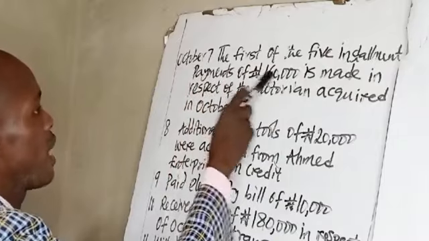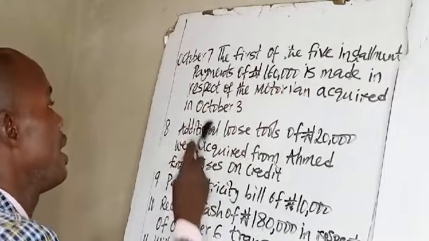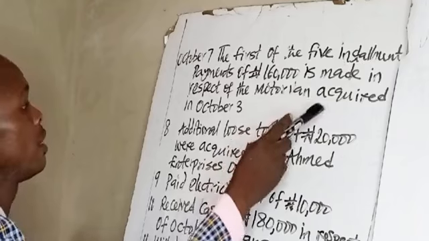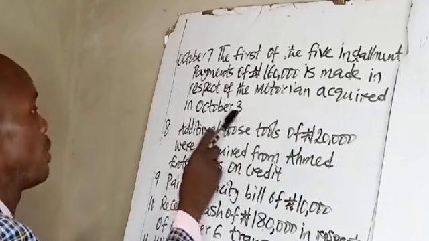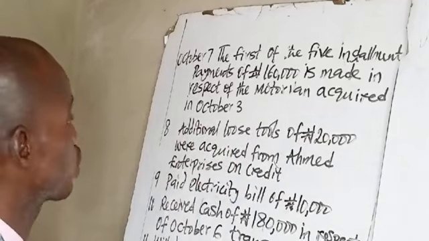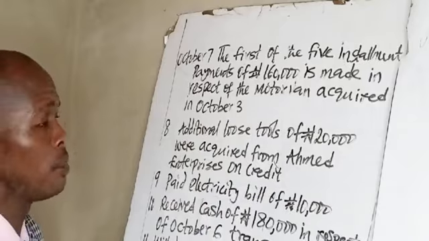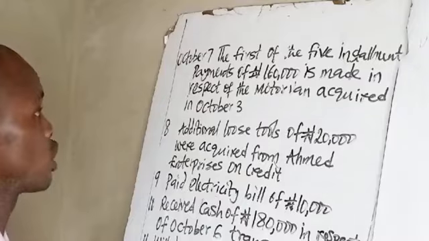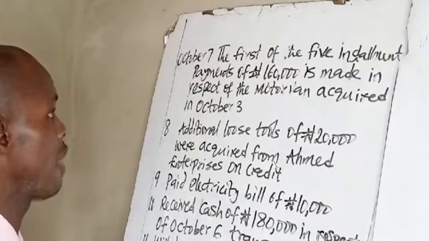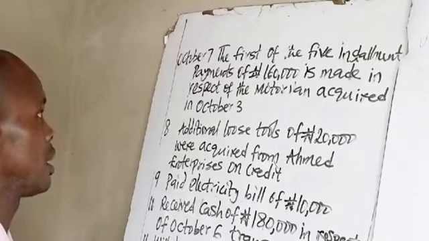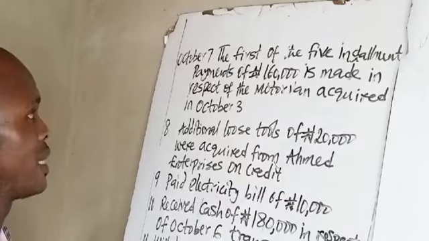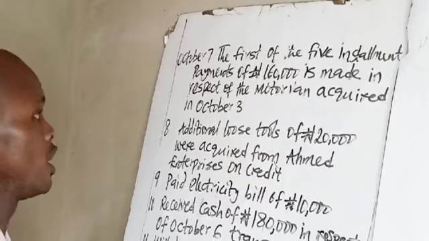October 7th, the first of the 5 installment payments of 160,000 naira is made in respect of the motor van acquired on October 3rd. Remember, on the 3rd of October, a motor van was bought from Evans Motor, and after the first deposit, the rest of the payments are to be made in 5 equal installments.